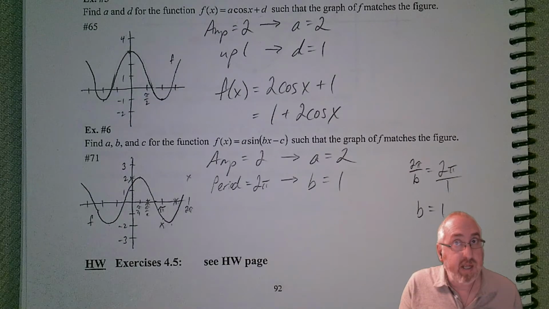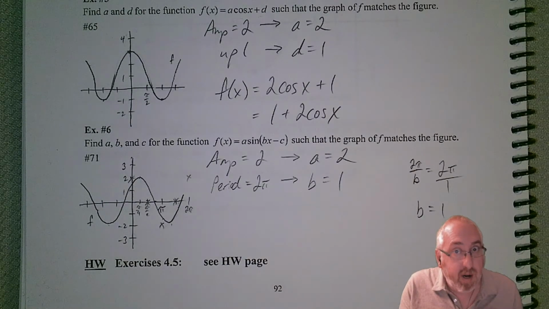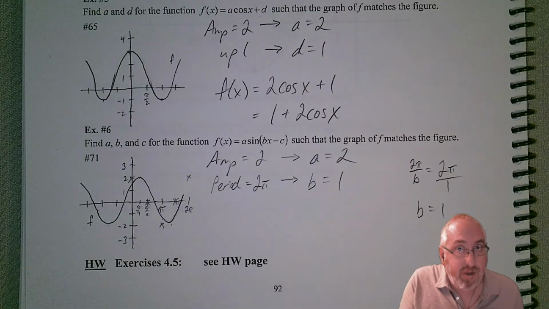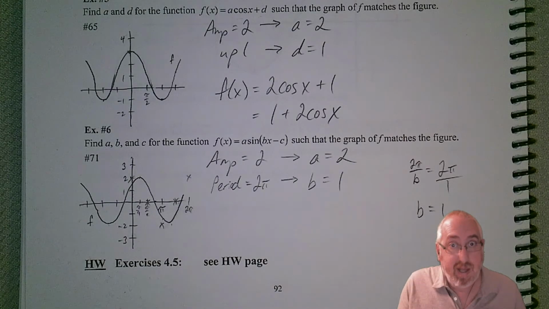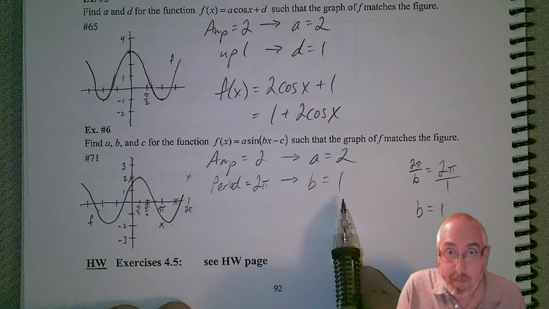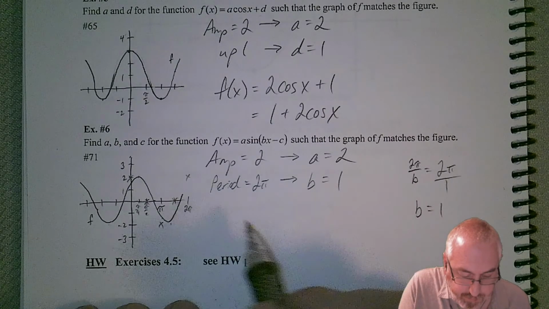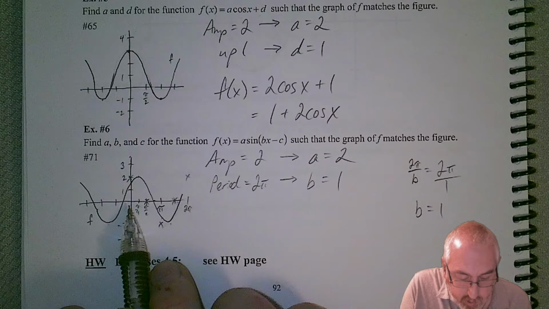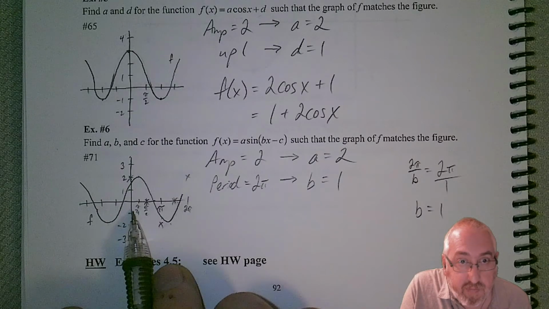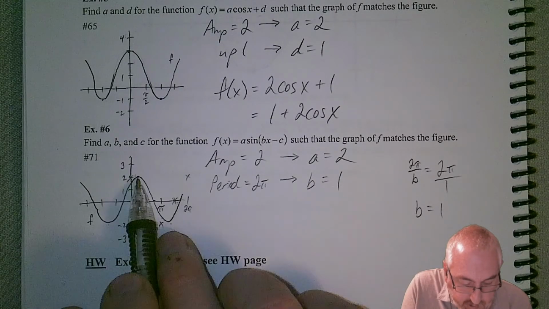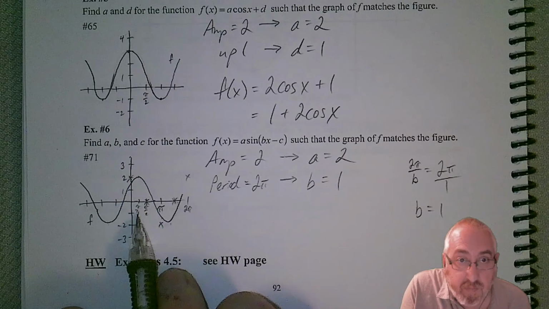And last but not least is our C. Remember, C helps with the phase shift, but be careful. We have to also take into account what B is. We already know that B is equal to 1, so that's good. Now, we kind of already determined it from our graph here. It's a little hard to see, but remember we said that it's starting at its highest point at pi over 4.